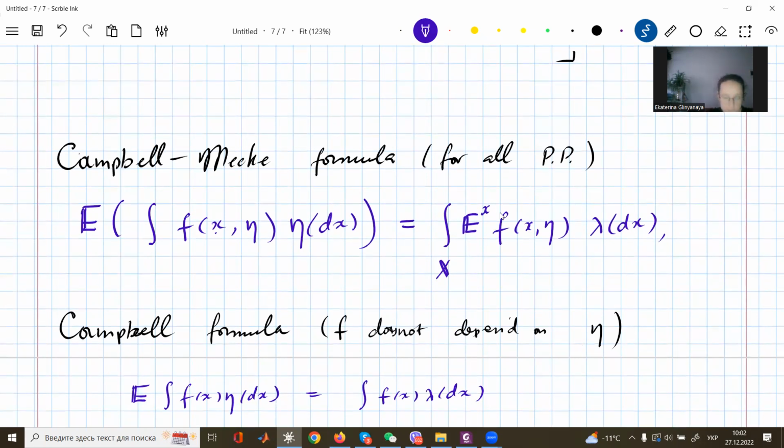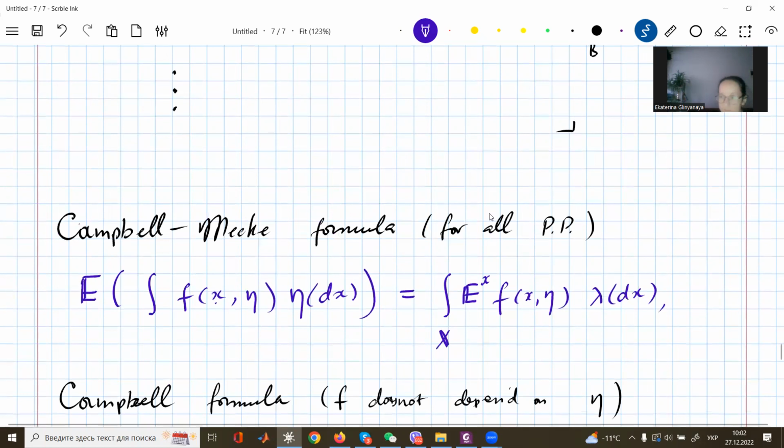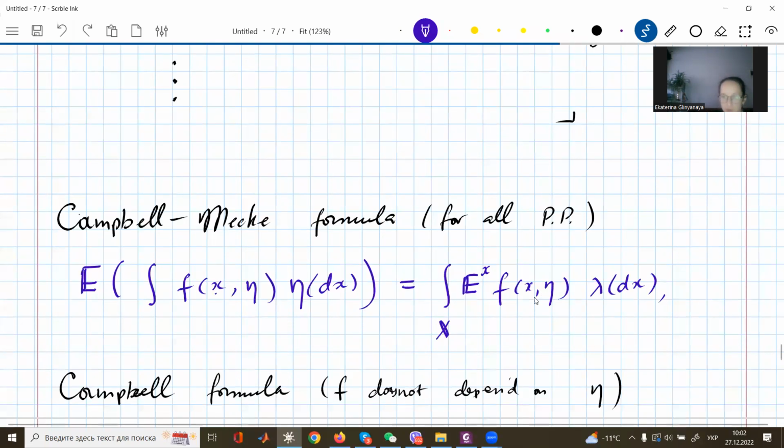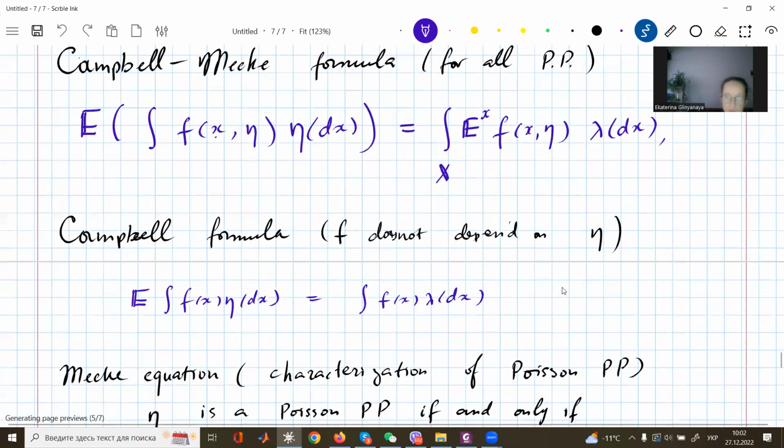Here we understood from the example that we considered that for a Poisson point process, the Palm probability is that we just add an additional point to a Poisson point process.